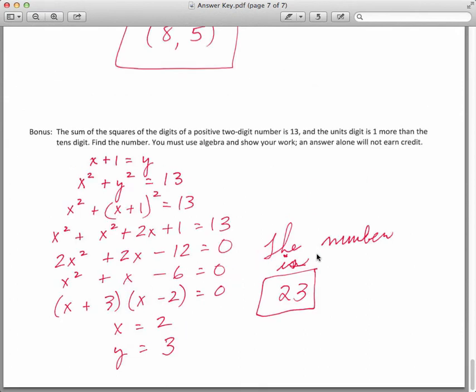And here is the bonus problem. The important parts here: the units digit is 1 more than the tens digit. So if we say that the units digit is y and the tens digit is x, then we could say x plus 1 equals y.